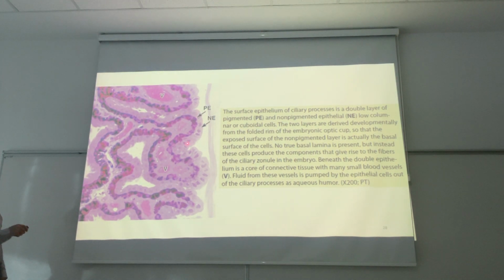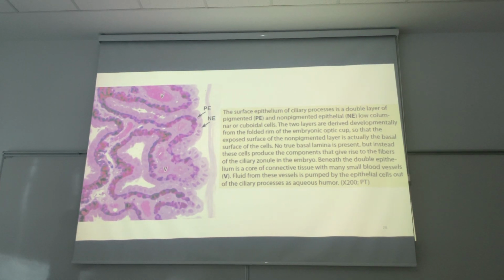This layer, which looks at the posterior cavity, is known as the non-pigmented epithelial layer, or inner non-pigmented epithelial layer. Why do I call it inner? Because it is present on the inner side of the eye, near the posterior chamber.